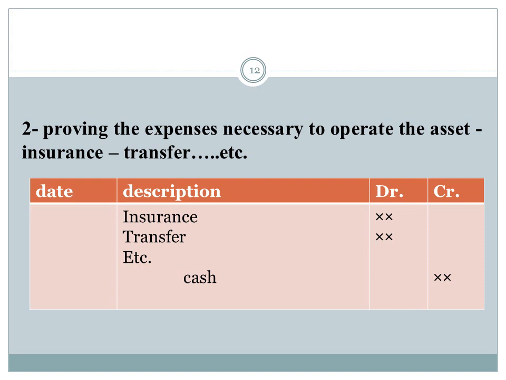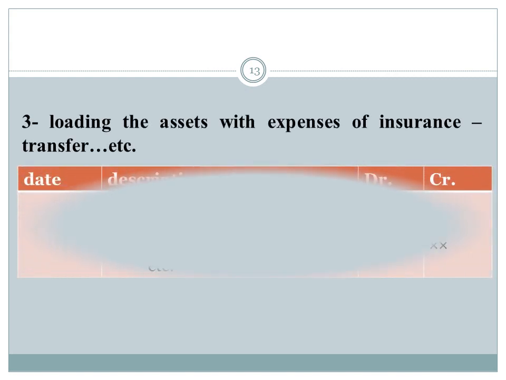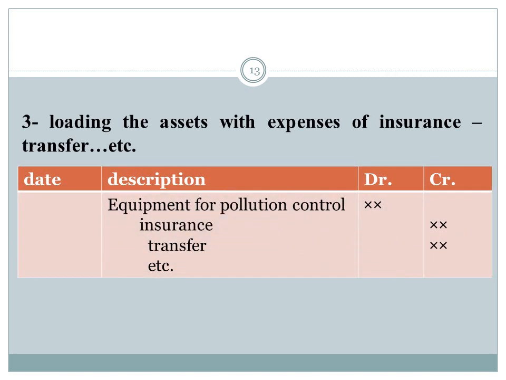Second step or second stage, these expenses should be loaded to the asset, should be capitalized to the asset. So the entry will be these expenses in the credit side because we close these expenses in the asset.